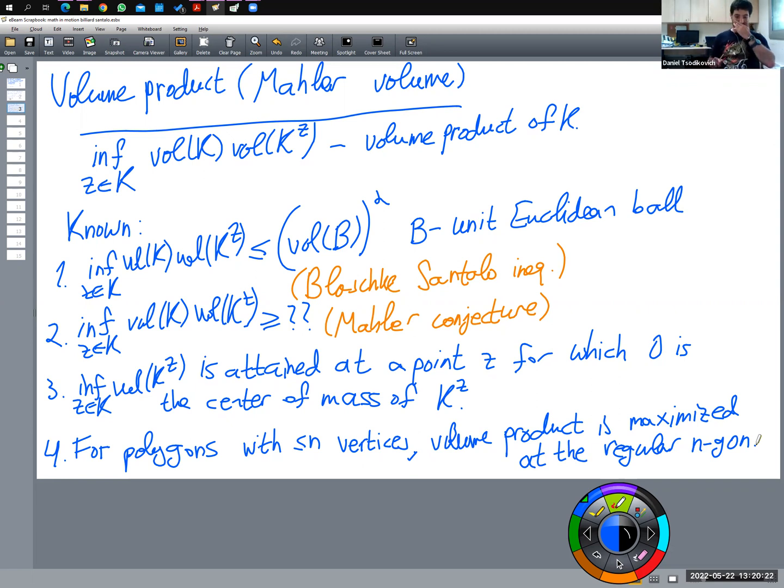So these are some well-known facts about the Mahler volume.